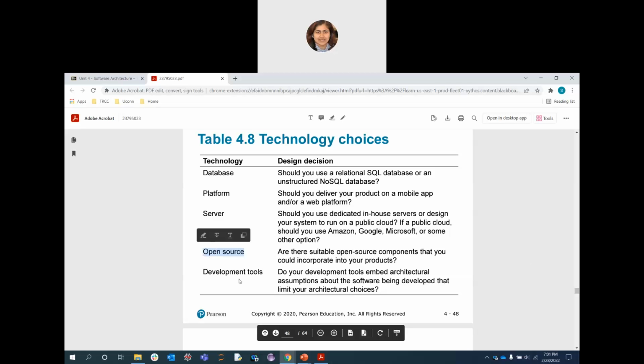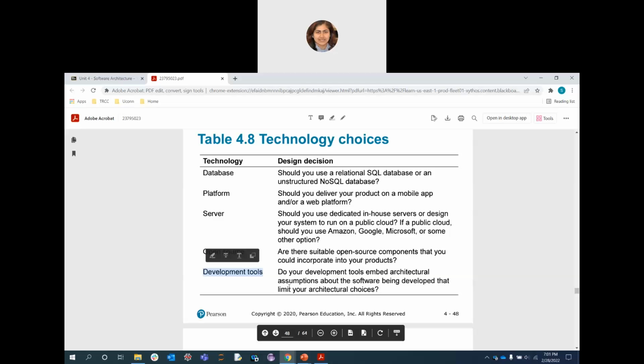Then last is your development tools. Development technologies such as your mobile development toolkit or a web application framework can influence the architecture of your software.